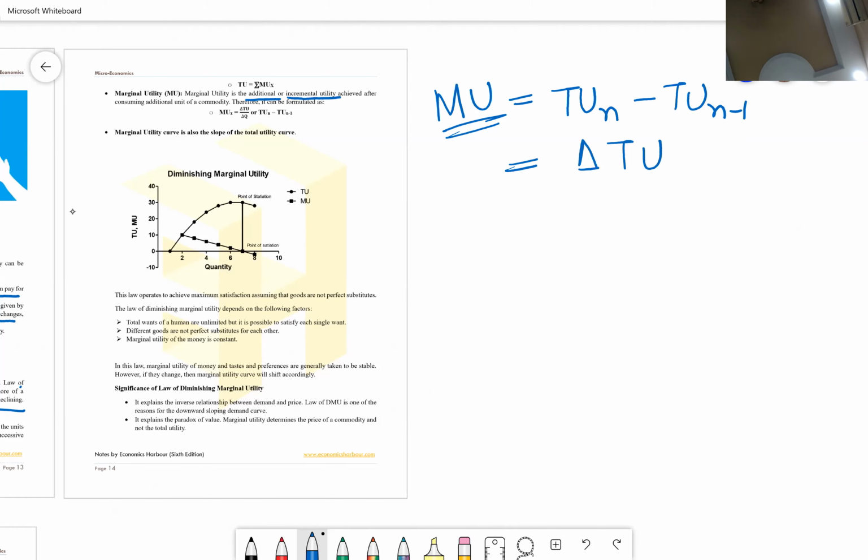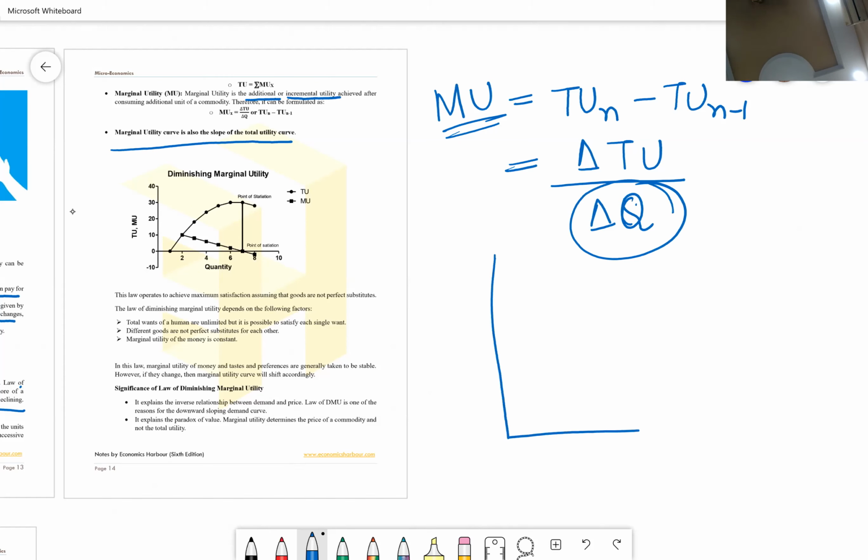Otherwise, the general formula is change in TU upon change in Q, where Q is the number of units of the commodity, right? So it must be noted that the marginal utility curve is also the slope of the total utility curve. And graphically, they're represented as this.